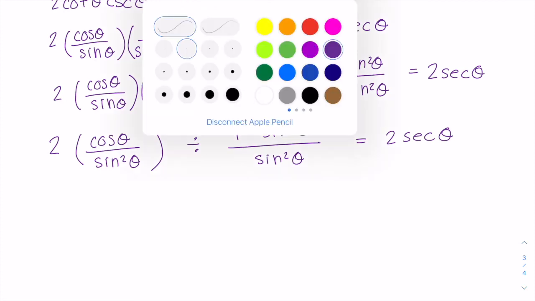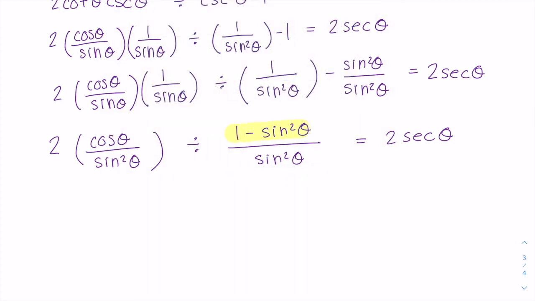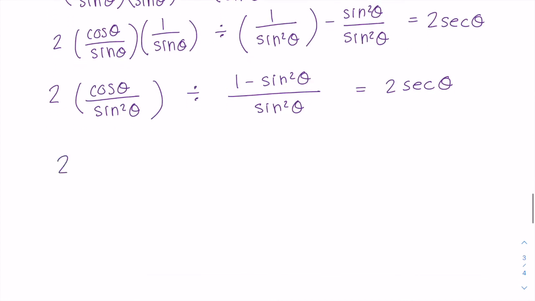Now, this here, we know we can write as cosine squared theta, so let's quickly change that. And while we're at it, we are just going to flip our second fraction and multiply.